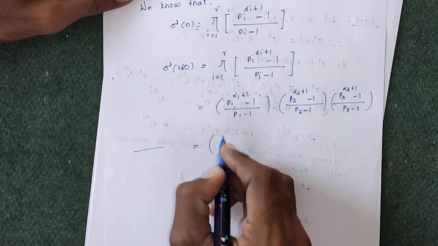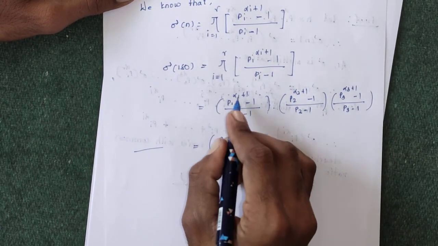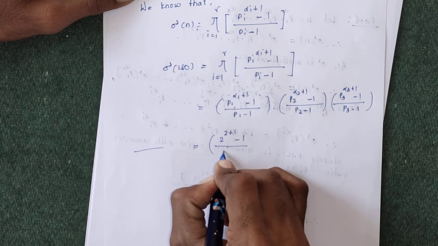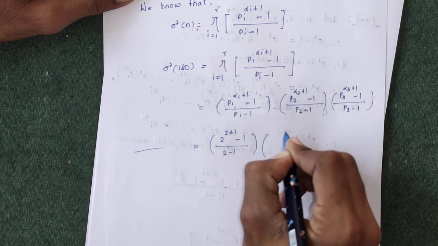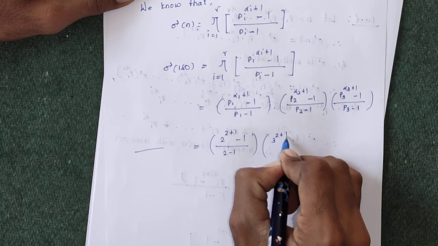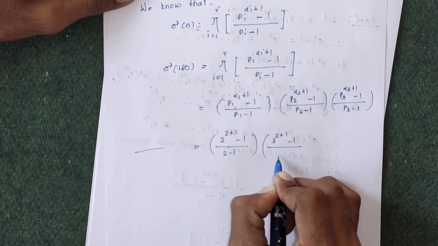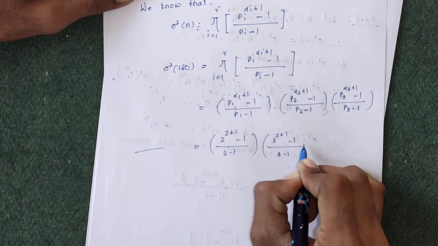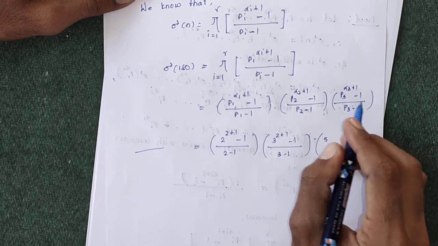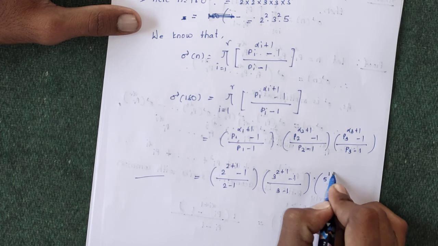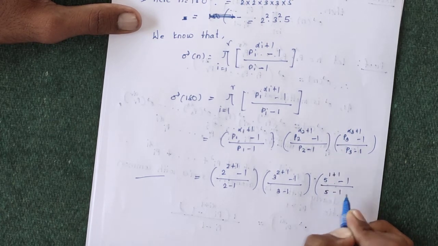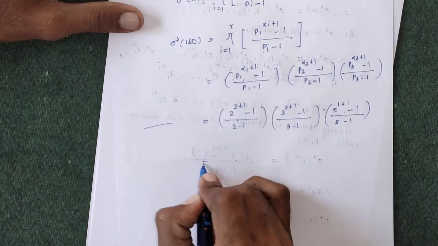So using these values we can write 2 to the power 2 plus 1 minus 1 upon 2 minus 1. Again p2 is 3, alpha 2 is 2, so 3 to the power 2 plus 1 minus 1 upon 3 minus 1, and p3 is 5 to the power 1 plus 1 minus 1 upon 5 minus 1.